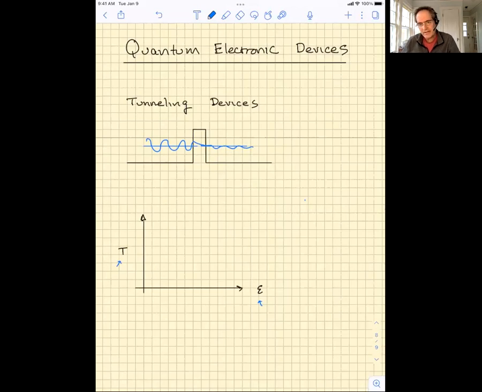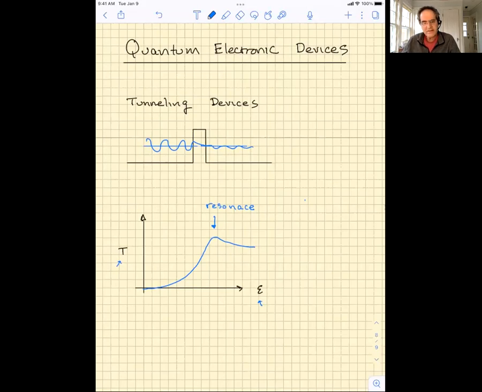But there's another phenomenon too that we didn't talk about in modern physics. So as the energy increases, the tunneling rate increases. And like so, there's actually a maximum here, a resonance, so that the peak tunneling rate is actually a little bit closer to 1 than you would expect.